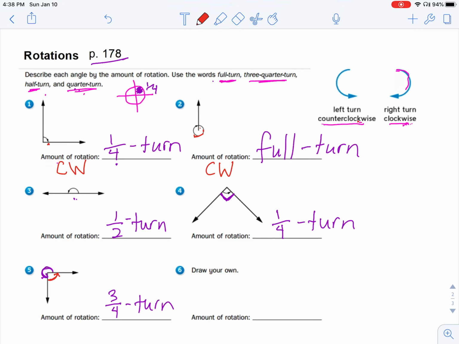But now, whereas number 3, if we look at the way this is turning, it's moving backwards like this because of the arrow. So that one would be counterclockwise. All right, CCW for counterclockwise. In the next ones, describe the direction of the rotation on your page as well. And that is all for angles today, but look forward to more information about how we specifically measure all sorts of different angles coming up soon.